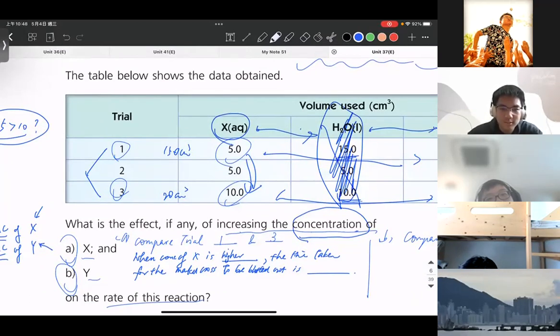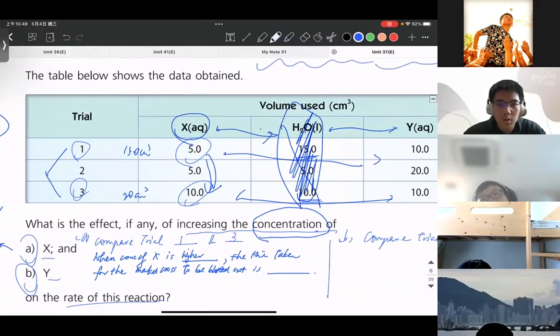Trial 1 and trial 3. How does it compare? In trial 1, the volume of X is smaller than in trial 3. So the concentration of X varies. Trial 1 is smaller, trial 3 is larger. So how does it affect the time taken?